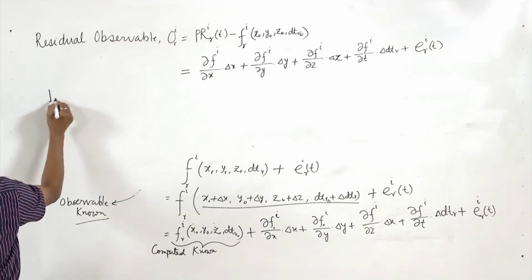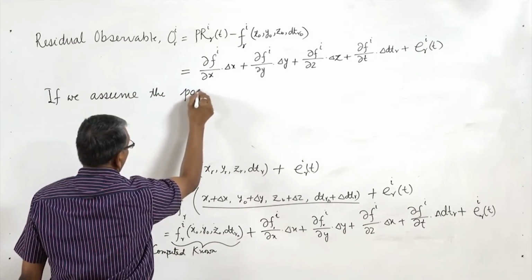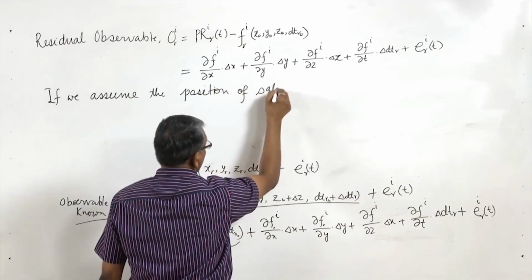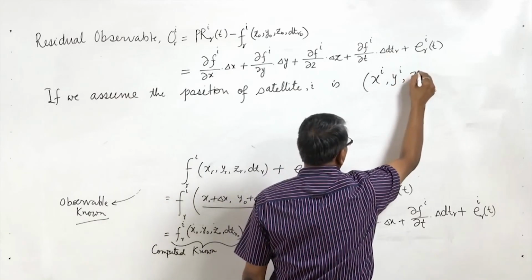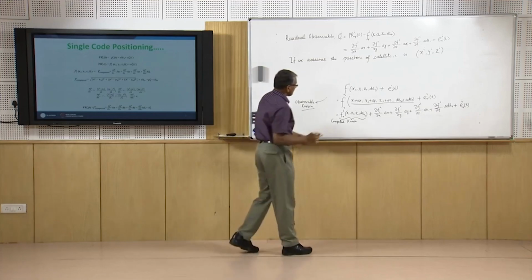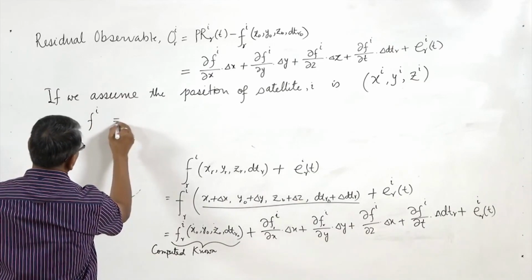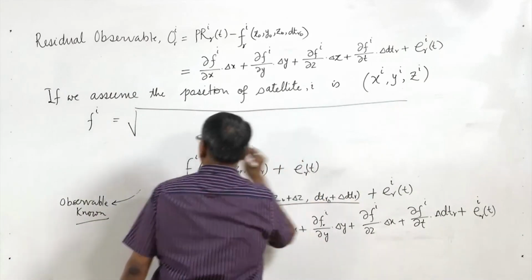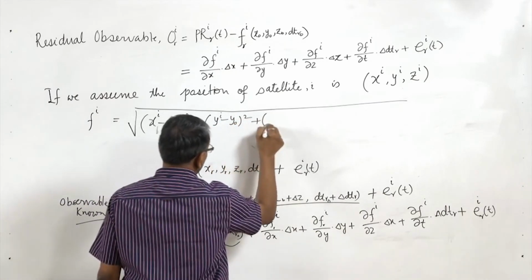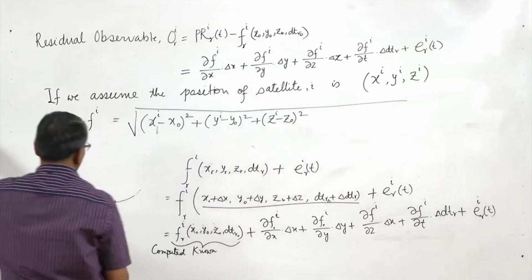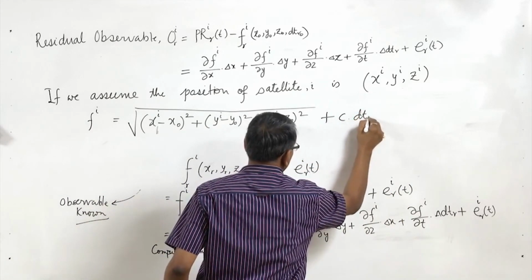Now, if we assume the position of the satellite i is x_i, y_i, z_i, then the computed function we can say will be f_i equals the square root of (x_i minus x0) whole squared, (y_i minus y0) whole squared, (z_i minus z0) whole squared, plus c times dt_r.